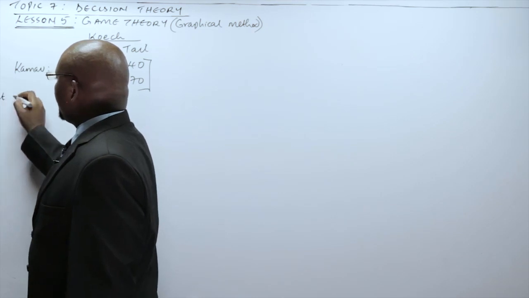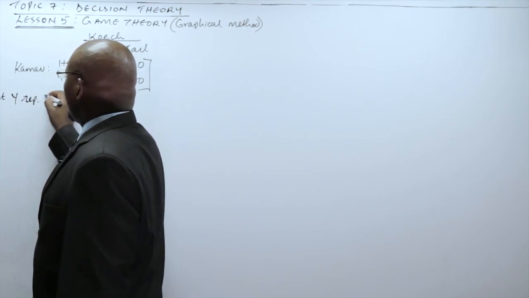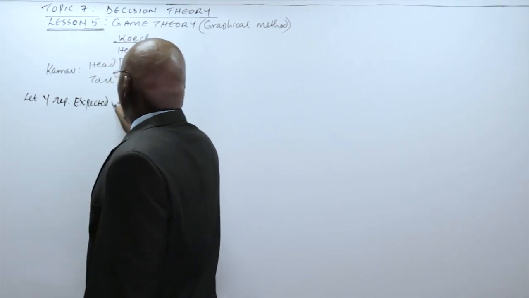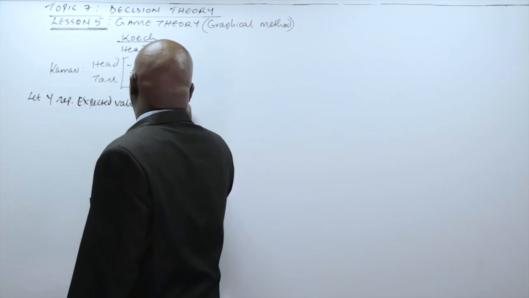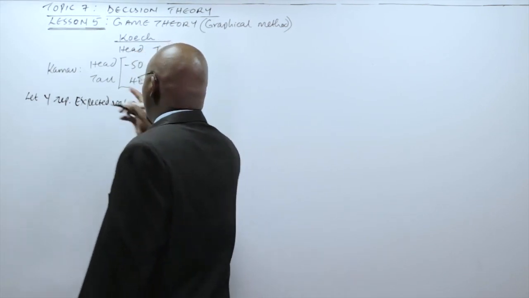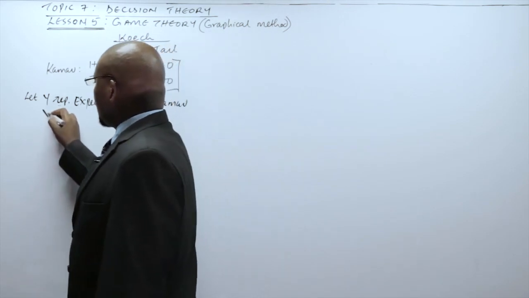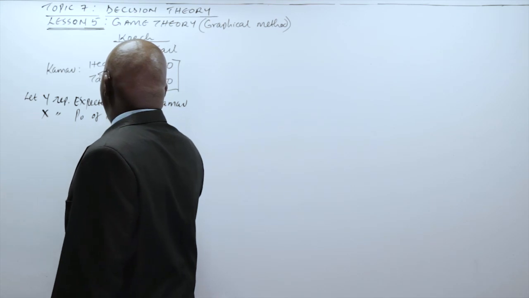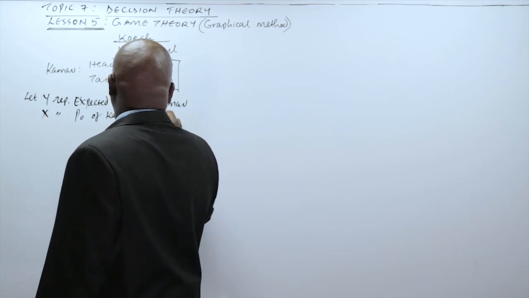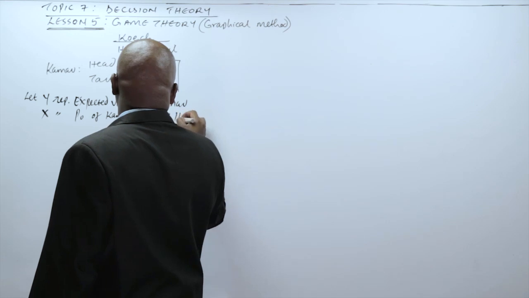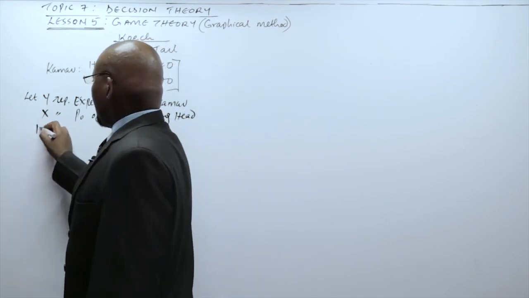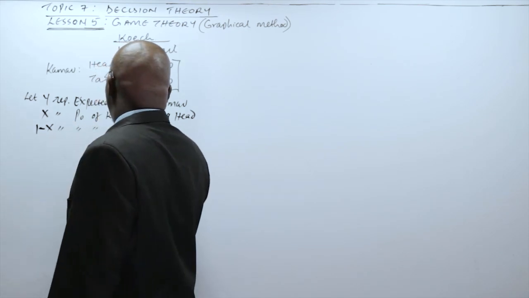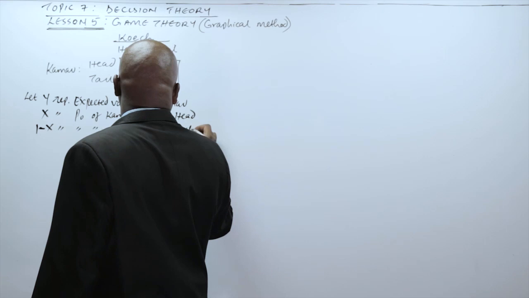We say let y represent the expected value to come out, then x represent the probability of Kamau playing head, while 1 minus x represents the probability of Kamau playing tail.